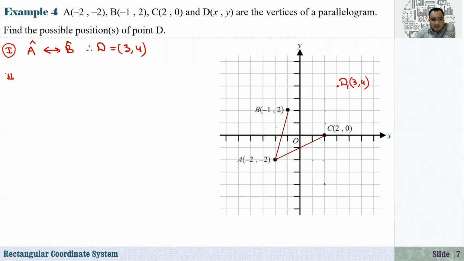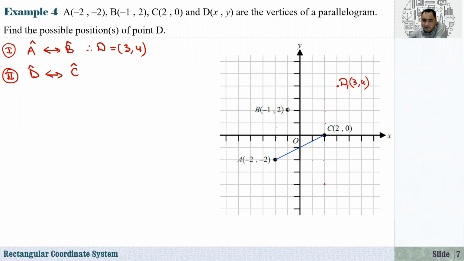So in the second case, now suppose that D is opposite C. So angle D is opposite to angle C, right? So at the time, let me erase and redraw this. Okay, let me use blue here. At the time, we will have this kind of parallelogram.